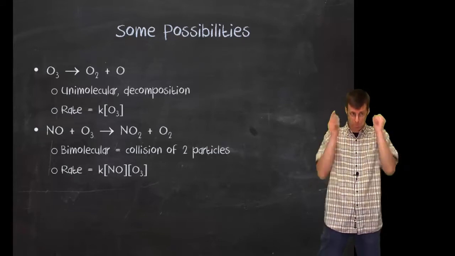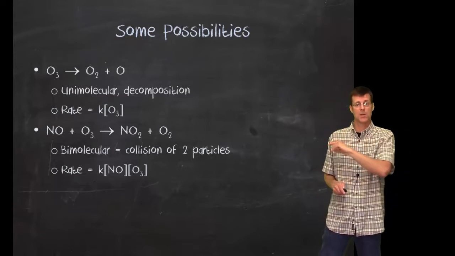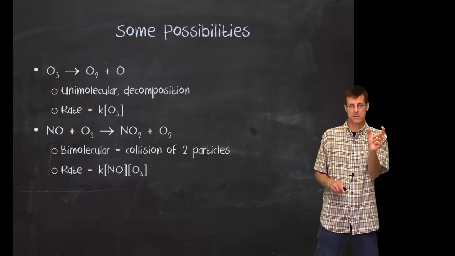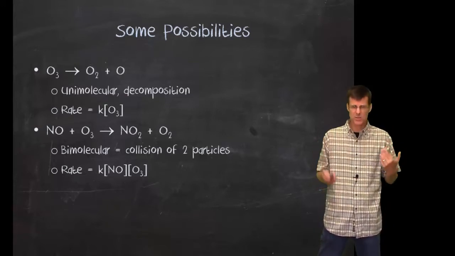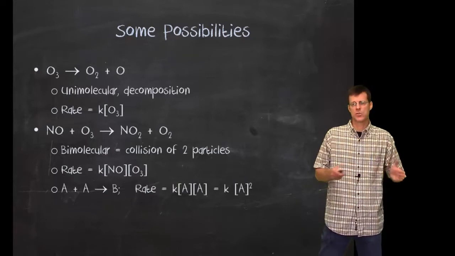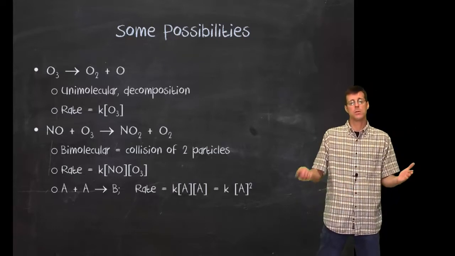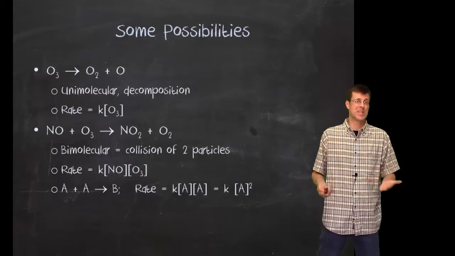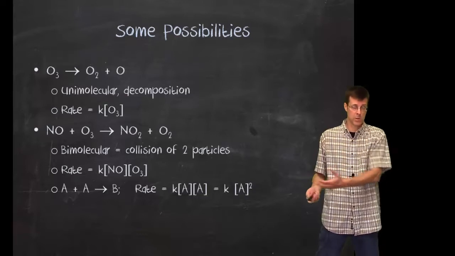Now here's where we're going to blow some minds. When we're talking about a reaction like this, the rate law does follow the balanced chemical reaction. How do we know that? Lots of experience, but also if I were to look at a more generic case, and I didn't find an actual reaction, but where one molecule collides with another molecule of the same kind. So let's say an oxygen atom with an oxygen atom to make an oxygen molecule.